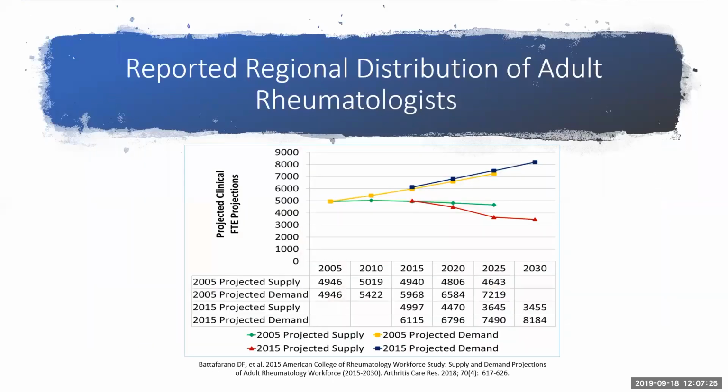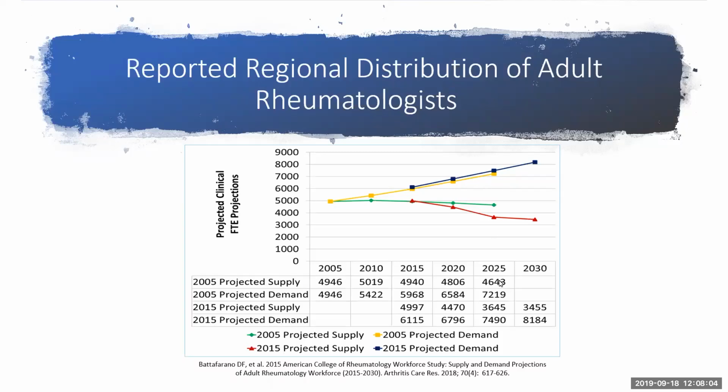This was further clarified in a couple of publications that were done in the last 15 years. One based on the rheumatology workforce in 2005, and then more recently an updated publication in 2015. It's fairly simple to see, but the yellow and green lines plotted here represent the expected supply and demand gap that was projected by the first study published in 2007, representative of what was expected to be the workforce based on 2005 numbers.